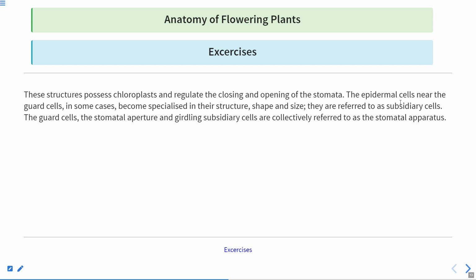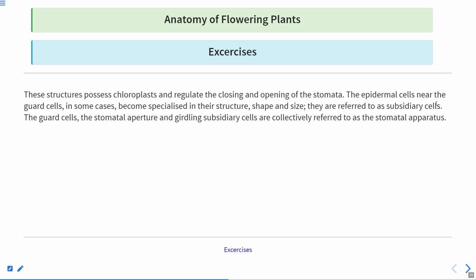The epidermal cells near the guard cells in some cases become specialized in their structure, shape, and size. We were talking about just the two cells that make the guard cells, but what about the other cells?